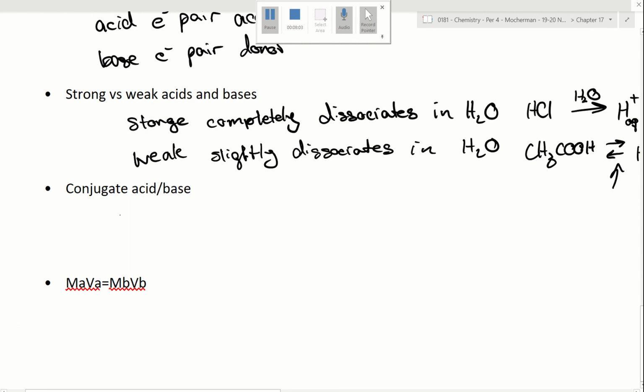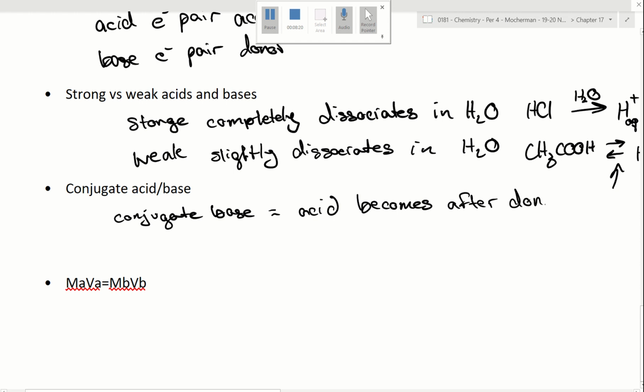Conjugate acids and bases. A conjugate base is what the acid becomes after donating its proton.